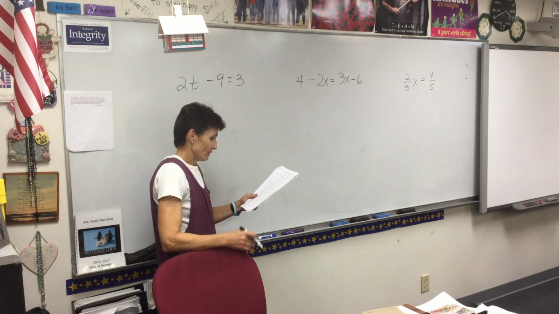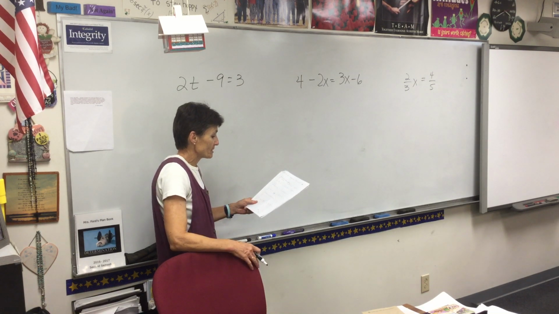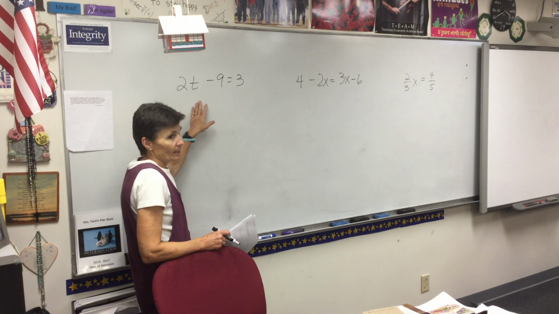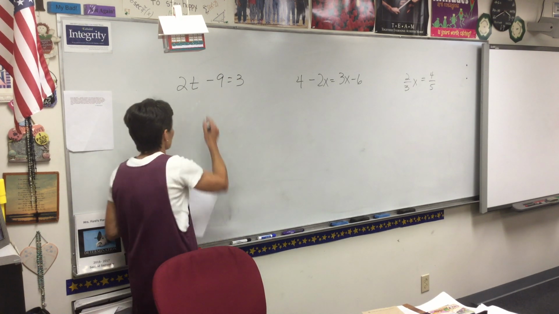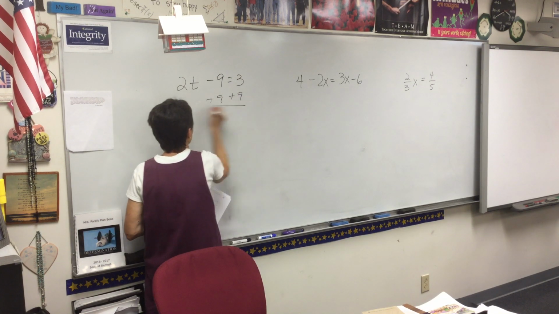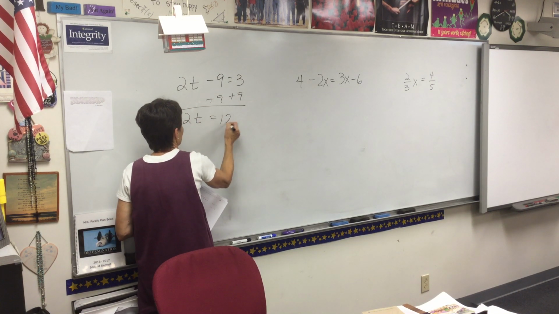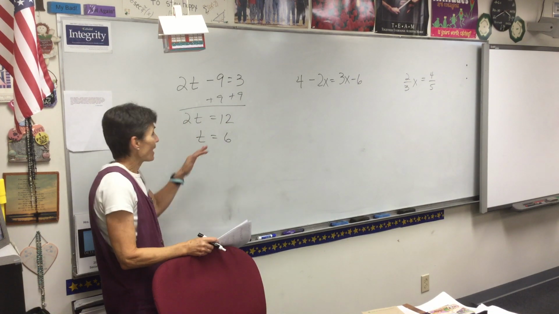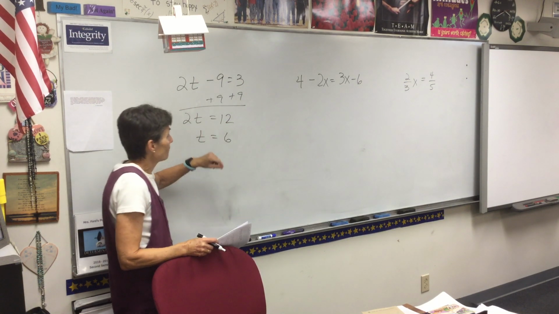There's a whole bunch of them, the rest of the page. So this one should be a no-brainer. Everybody in here knows that you're going to add 9 and divide by 2, right? So we got 6. That's like the most basic of all.